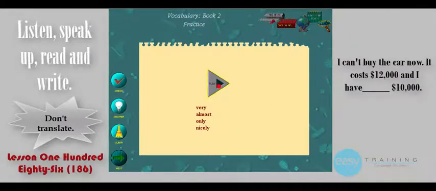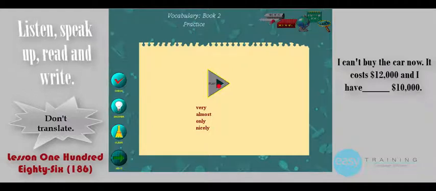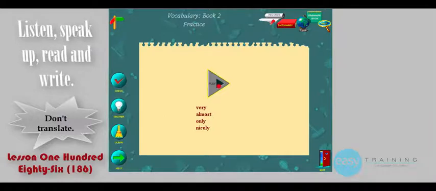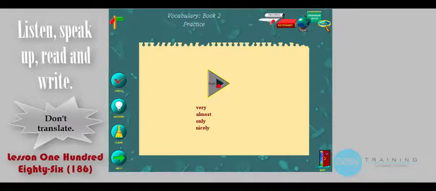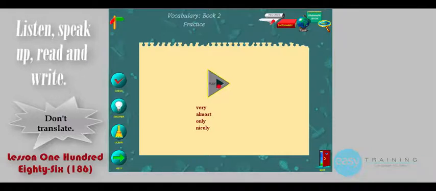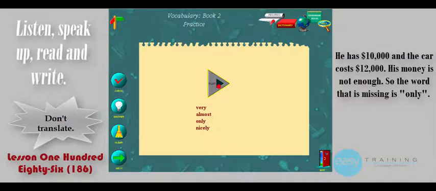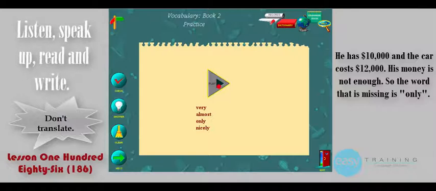I can't buy the car now. It costs $12,000 and I have $10,000. The man says, "I can't buy the car now. It costs $12,000 and I have blank 10,000." He has $10,000 and the car costs $12,000.